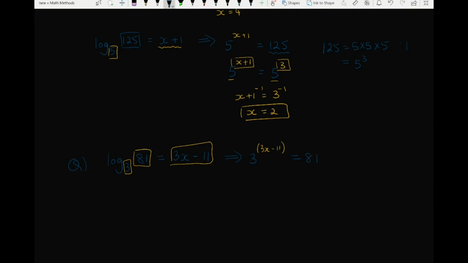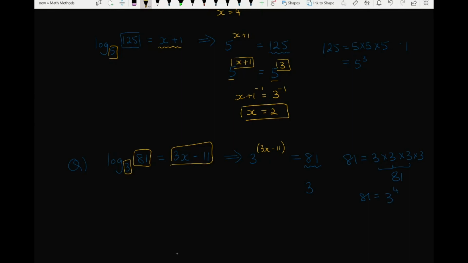Okay, so now let's rewrite 81 in terms of 3 to the power of something. So 81 is the same as 3 times 3. Well, 3 times 3 is 9 times 3 is 27 times 3 gives us 81. So 81 is 3 to the power of 4.